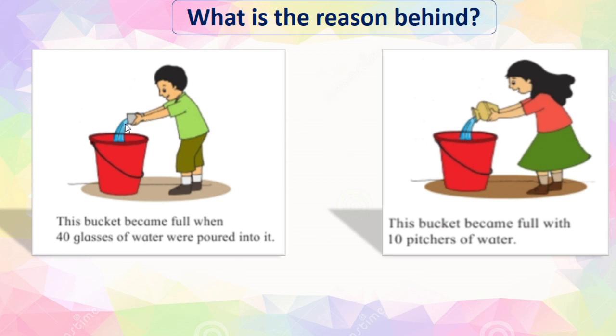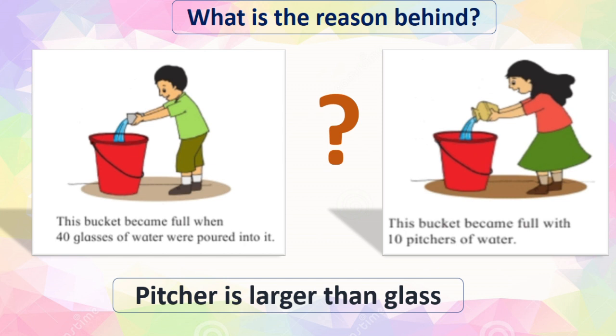Here he has to pour 40 glasses of water, but this girl will pour only 10 pitchers of water. Yes, very good. Because the pitcher is larger than the glass, so it contains more water than the glass, isn't it? Very good.